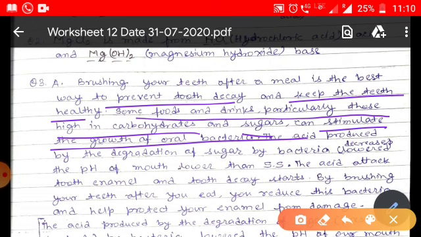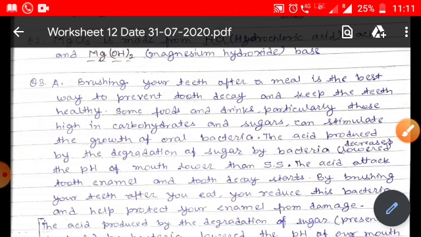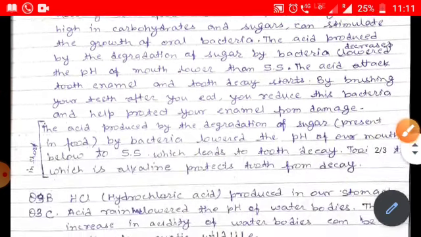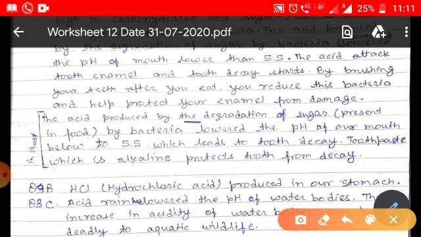The acids produced by bacteria degrading the sugars lower the pH of our mouth below 5.5. The acid attacks the enamel, the hardest substance in the body, and tooth decay starts. Brushing our teeth after eating reduces the growth of bacteria and also helps protect the enamel from damage.